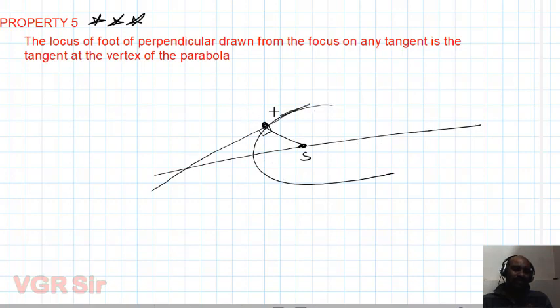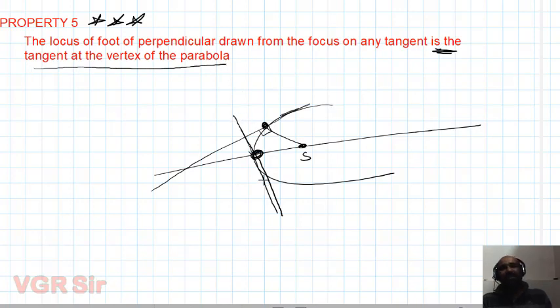What is the tangent of the actual parabola? This is the tangent of the actual parabola. The locus is nothing but a straight line. The locus of the foot of perpendicular drawn from the focus on any tangent is the tangent at the vertex of the parabola. At the vertex you can draw a tangent, no? That is the required locus.